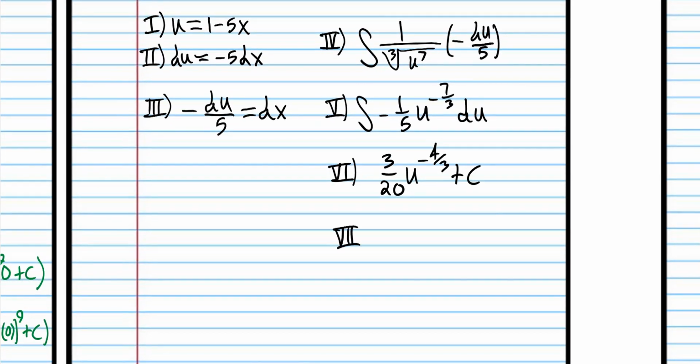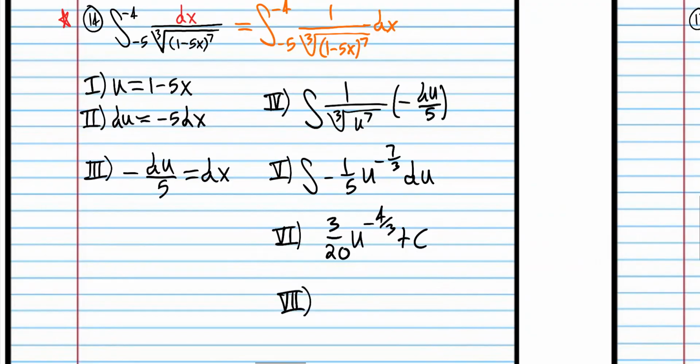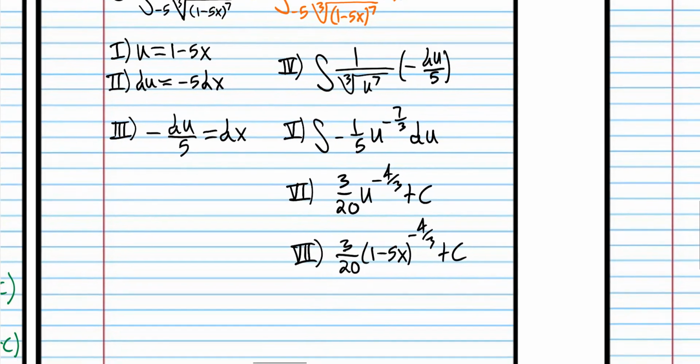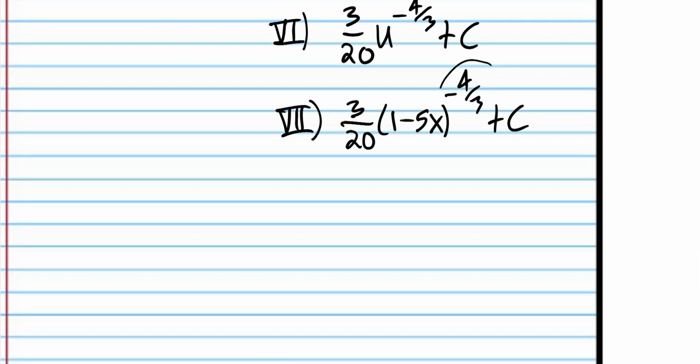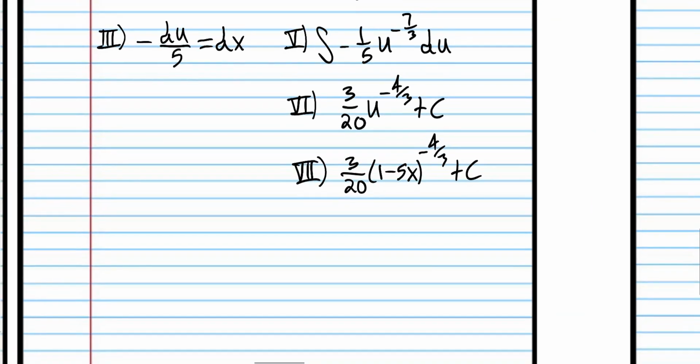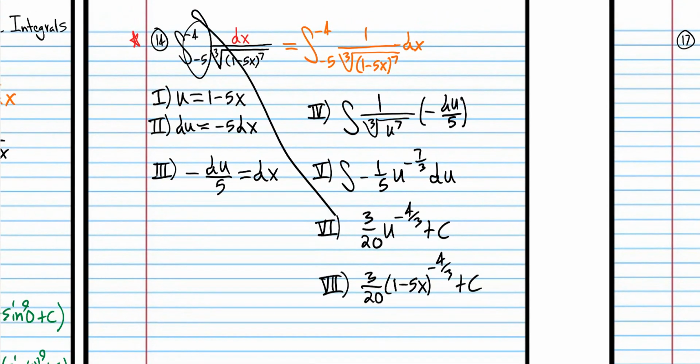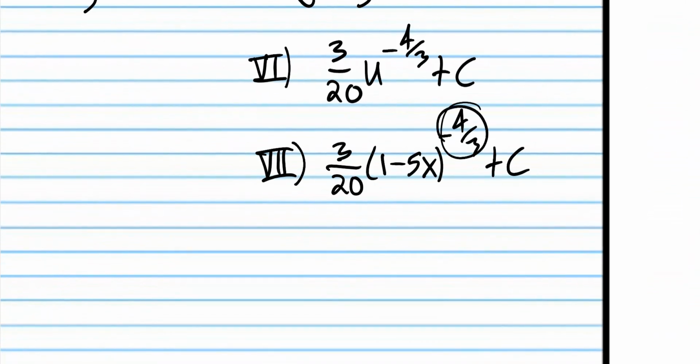So now in step 7, finally, we're going to go back to x's, and we're going to replace u with 1 minus 5x. But remember, we don't really know what that means, and this is a perfect example of why we don't want to keep our answers with negative fraction exponents, because when we plug in our limits of integration using the fundamental theorem of calculus, we're not going to know what this even means.